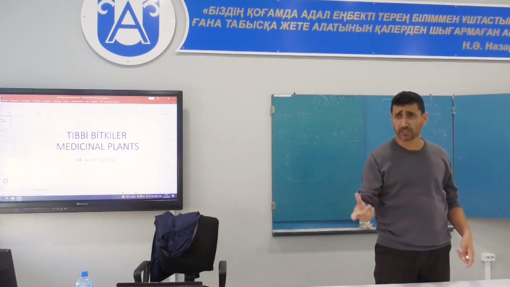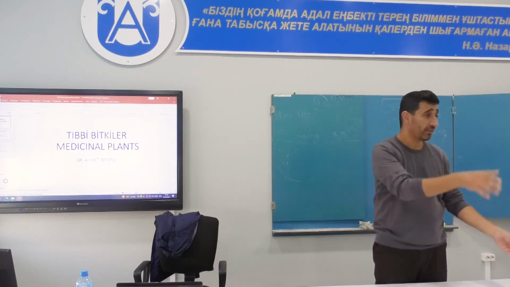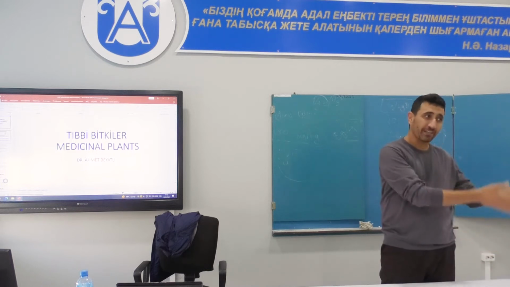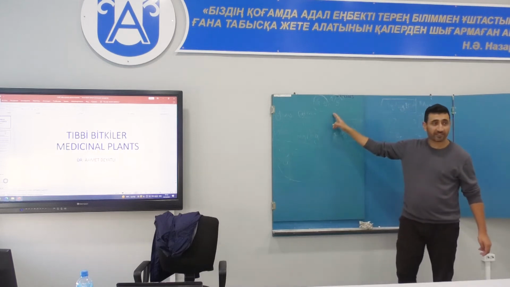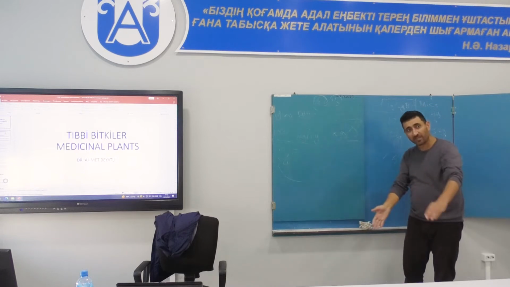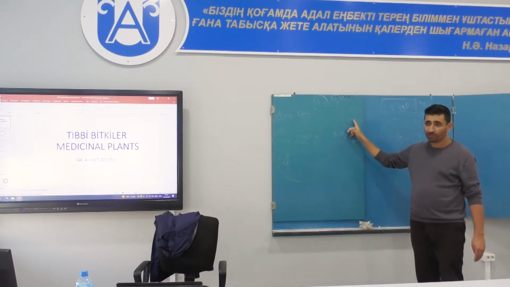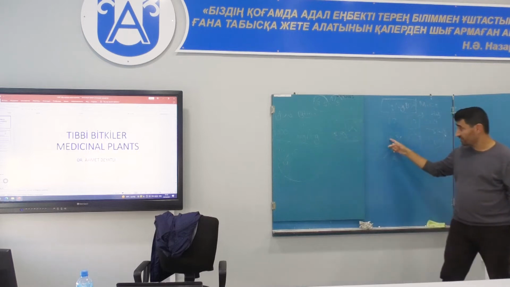For example, if I give a big dose to cancer cells, the substance will kill them, but it will kill the normal cells also. The criteria here: it must kill bad cells or cancer cells and must be safe for my normal cells. This is the point. Therefore, you cannot decide that a plant is toxic or not without doing this test.